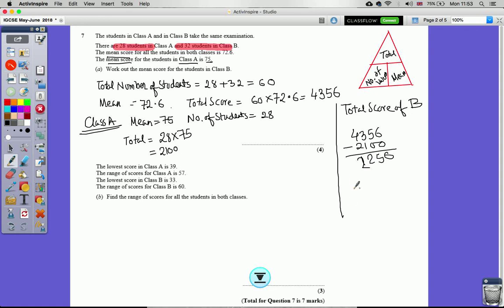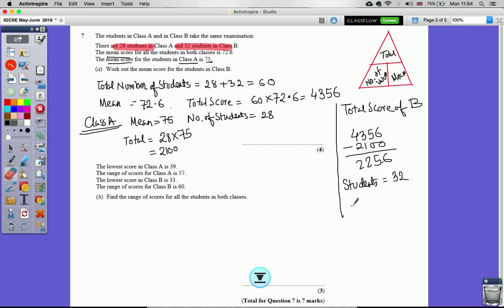2,256, and number of students, write it a bit clearly. Okay, so the total score is 2,256, and students there are 32.